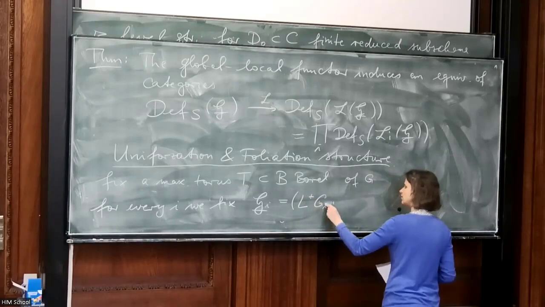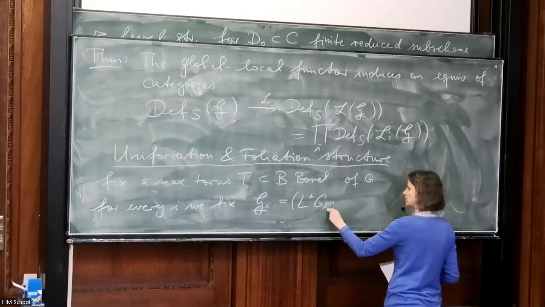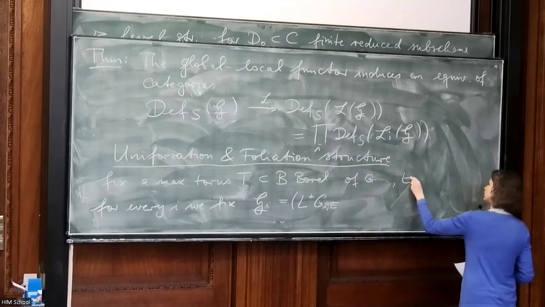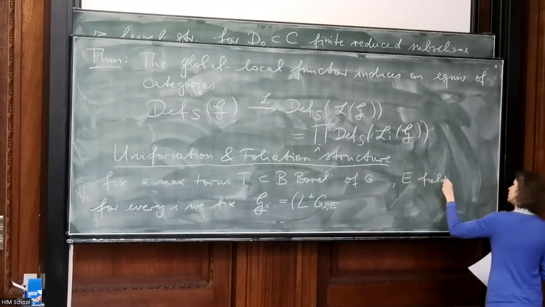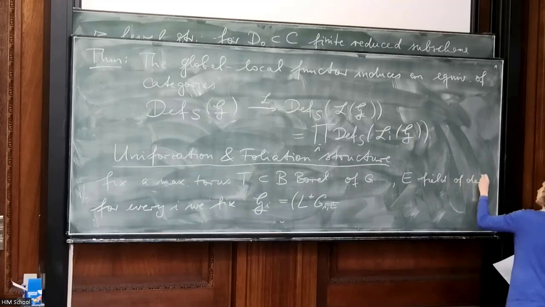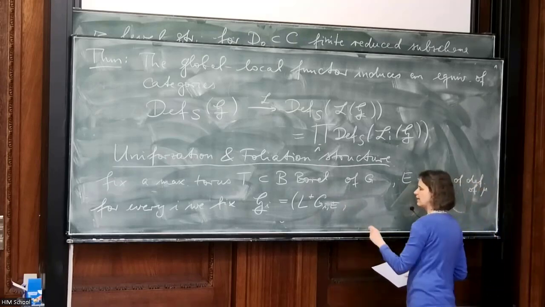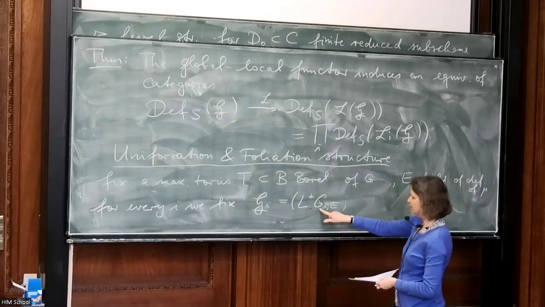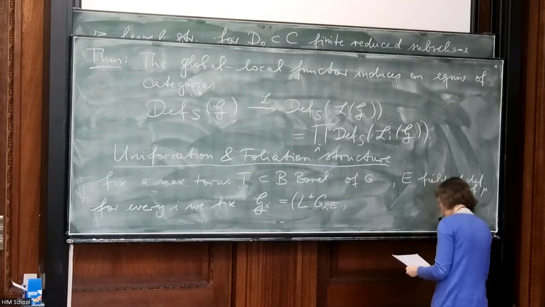So a local G_i Shtuka over E, and E is the field of definition of mu. And I trivialize this local G Shtuka so that it becomes the trivial G_i torsor.